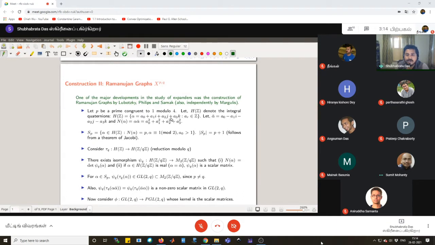That would imply that these terms would vanish, only this would remain, and mod 2, 1 will remain. So that's what is written.